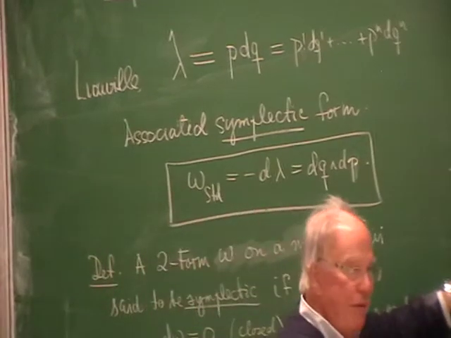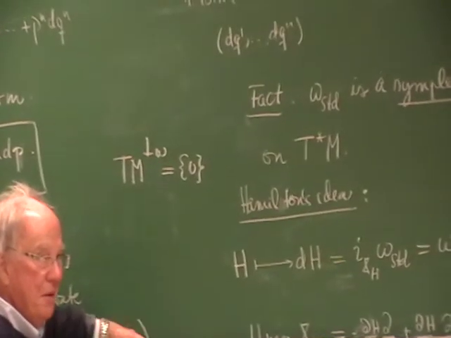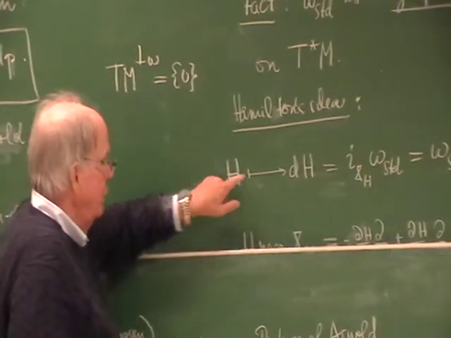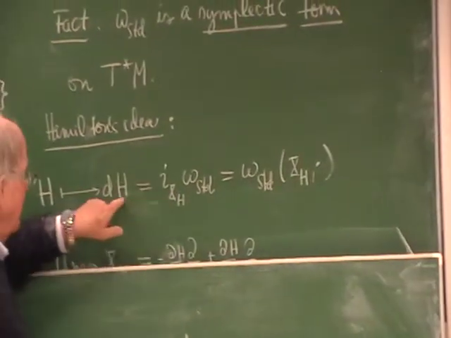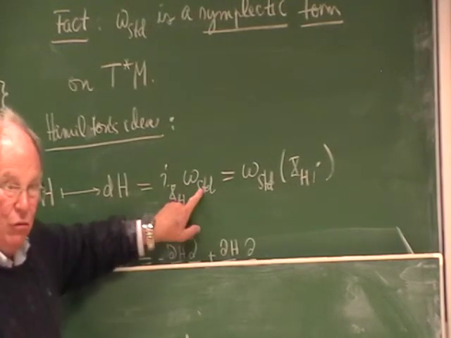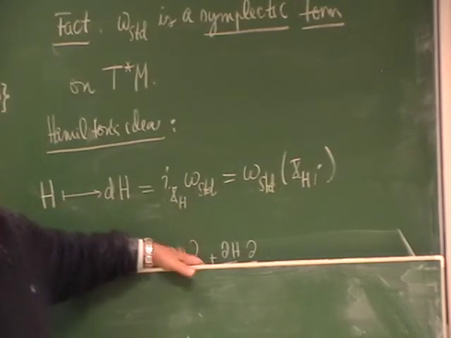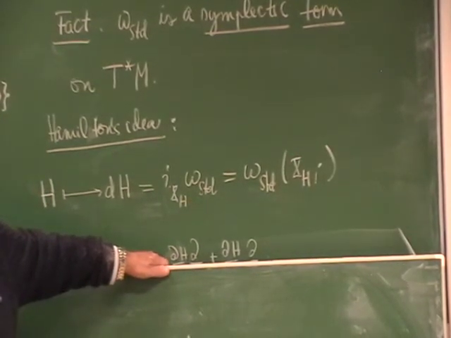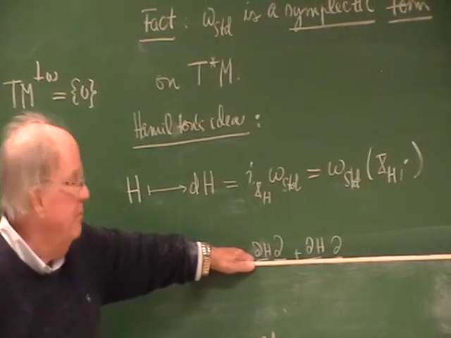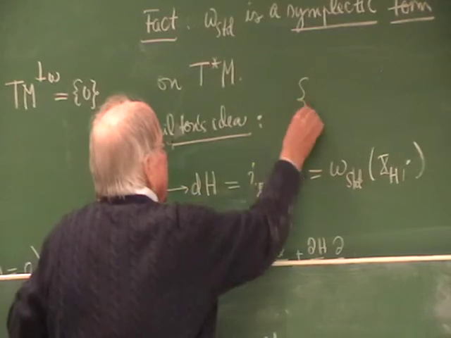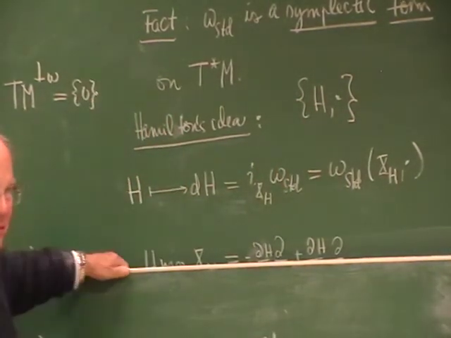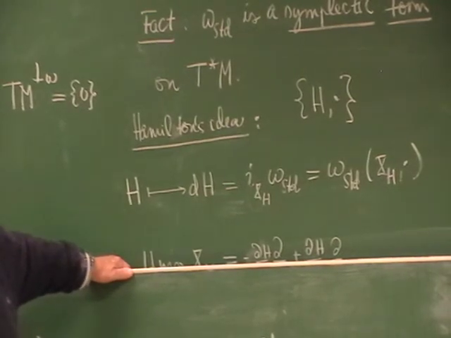Once you have a symplectic form, everything's canonical now. Once you have a symplectic form and a function, you take d of the function, and that's a one form, and that's equal to a contraction of a unique field of this two form. This is a mapping from functions to fields. Every physicist knows this. Some physicists will do this and say that's an operator as a vector field, and they will write this Poisson bracket, as you know.